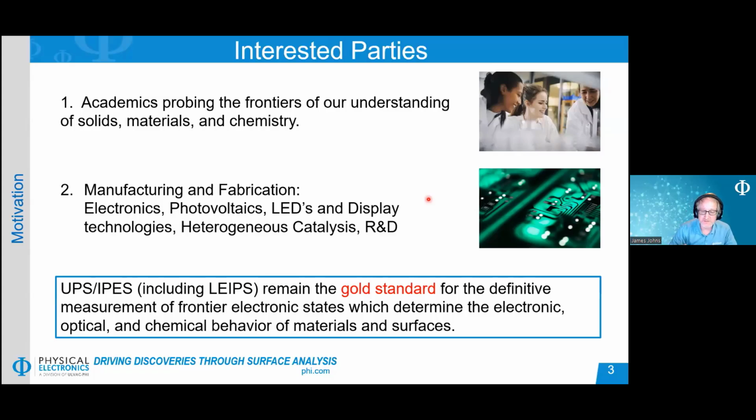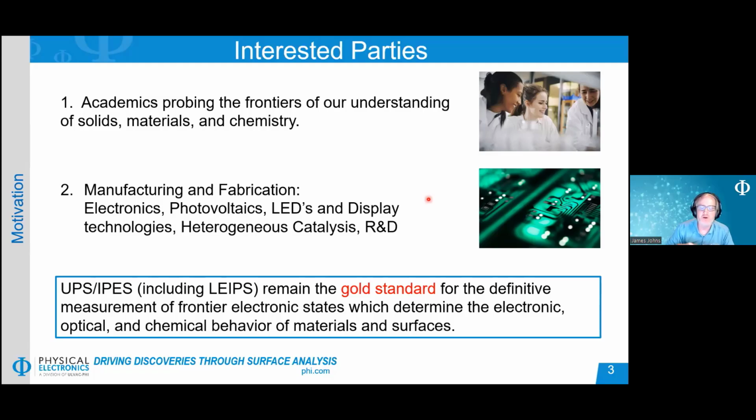Of all of the techniques that have been developed for this, UPS and inverse photoemission, including light, really are the gold standards for measuring those electronic states, which then govern the electronic, chemical, and optical behaviors. The reason these are the gold standard techniques is that they're extremely pure techniques.